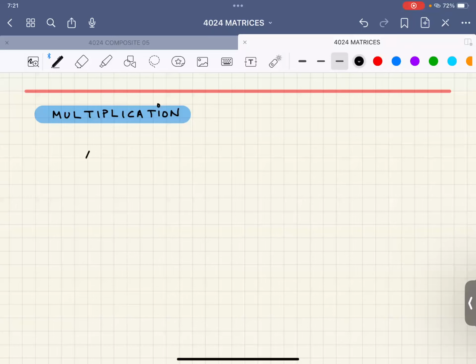We have a matrix A that is 2, 1, 3, and 4. Let me write another matrix B that is 1, 2, and this is 4, 8, and this is 5 and 10.